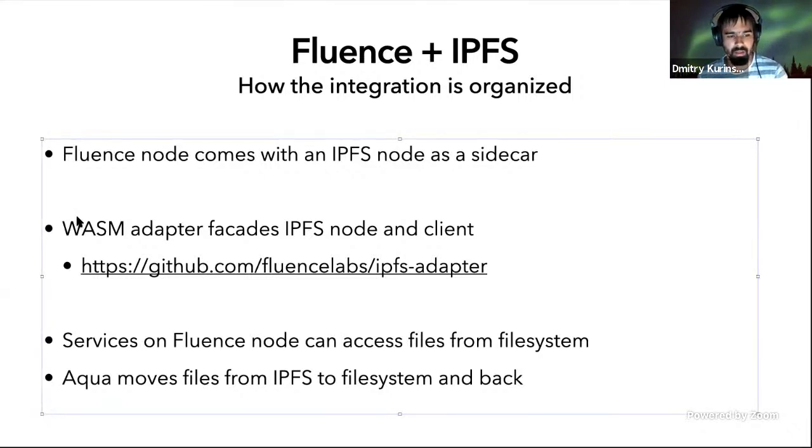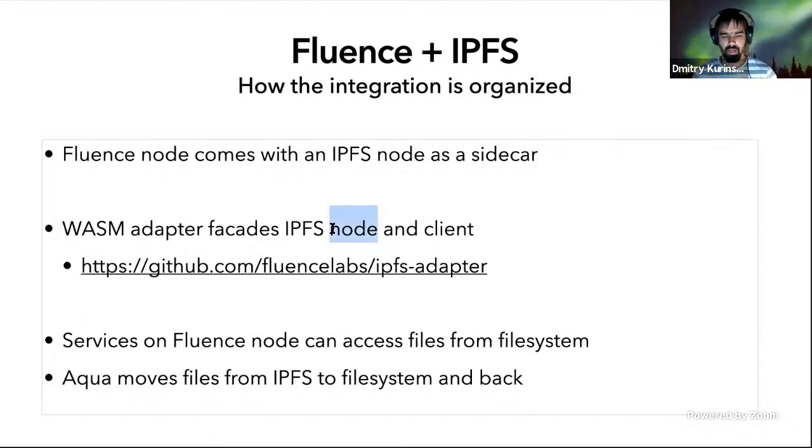Then there is a WebAssembly package that facades the IPFS node and the IPFS client for Aqua and for other services. This is required to ensure security, like to avoid rm -rf or something like that.